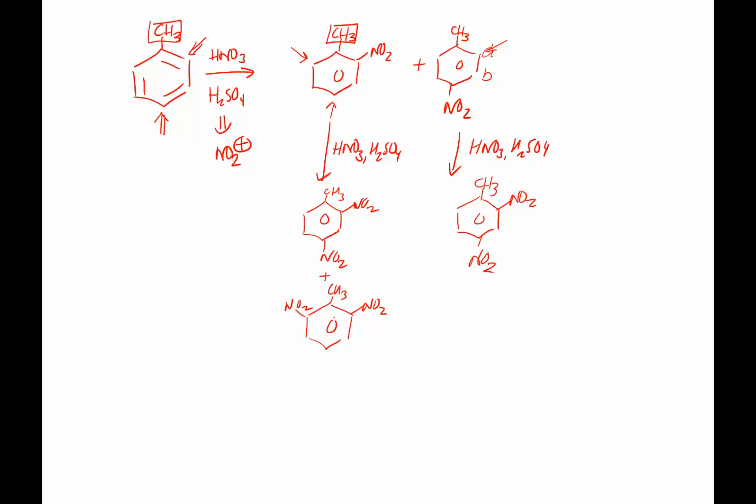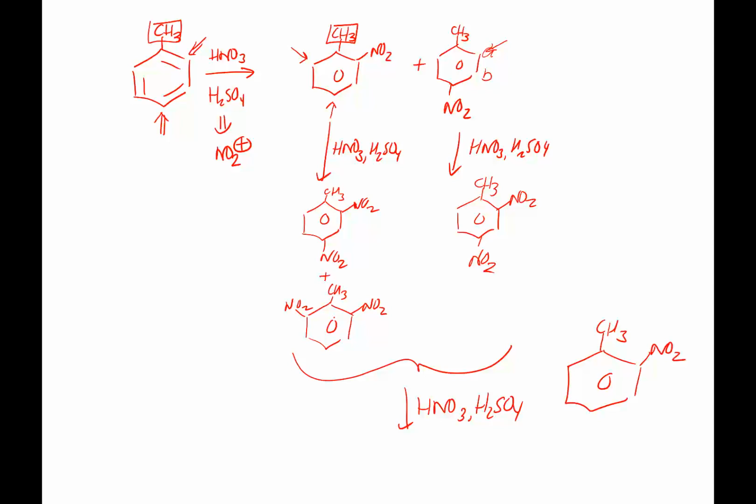So what happens with all three of these molecules is if I took all three and reacted them with another HNO3 H2SO4 molecule, I would add another nitro group, and all three of those products would then produce 2,4,6-trinitrotoluene, which, as I said on Friday, is trinitrotoluene.